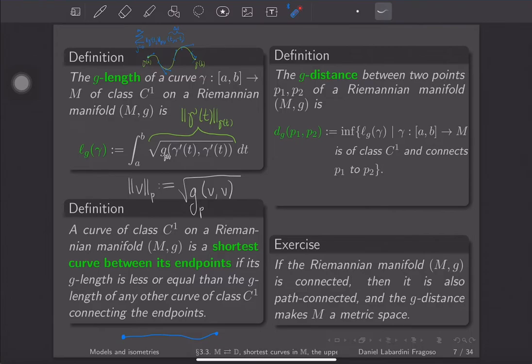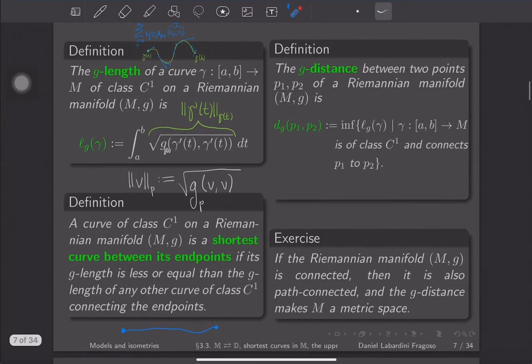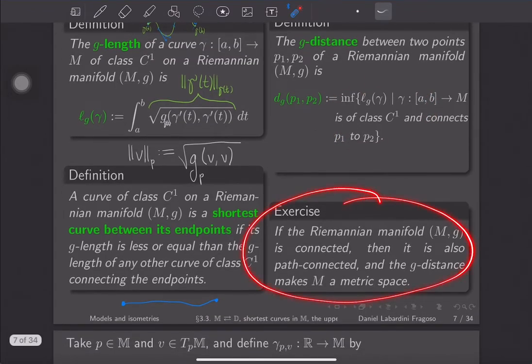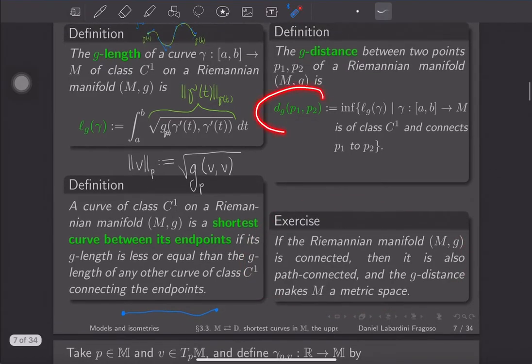Notice that I am not defining it as the length of a shortest curve, because it could be that a shortest curve joining them doesn't exist. That's perfectly possible, so that's why I say infimum. Of course, if there is a shortest curve, then it realizes the infimum. Now the exercise is that this definition of distance makes the Riemannian manifold a metric space.